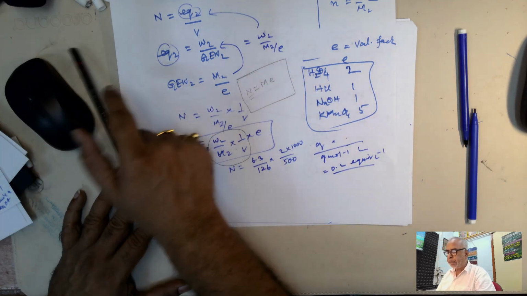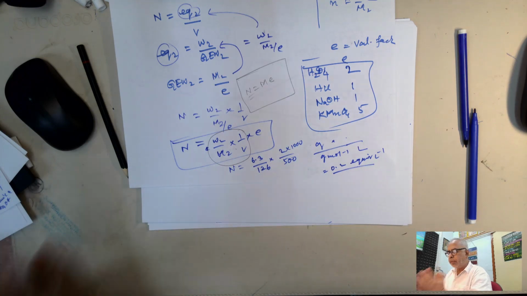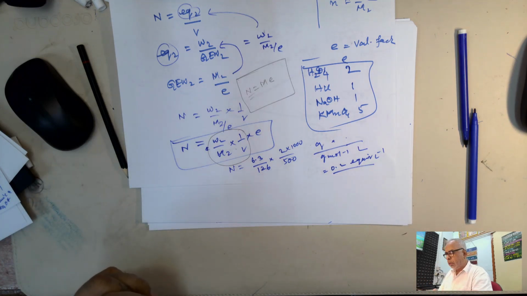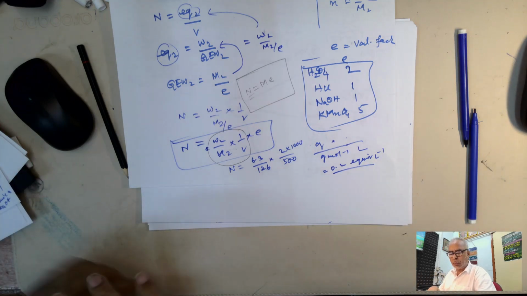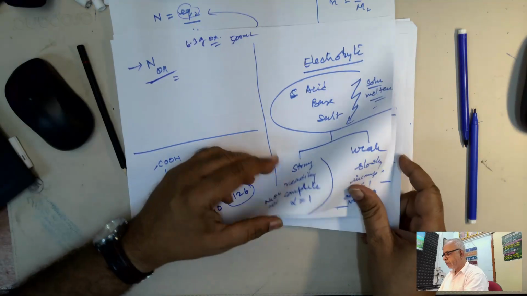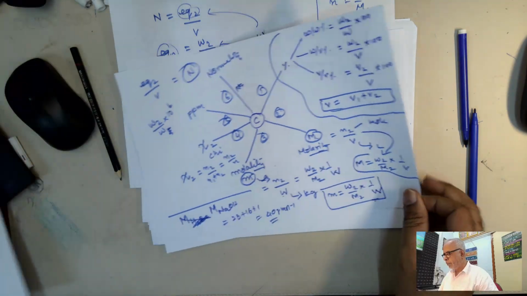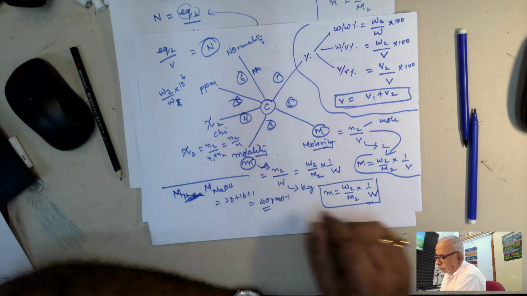Okay. So now can you summarize the different types of concentration expressions we have discussed so far? Please summarize. The first one is the percentage concentration, which has three parts.